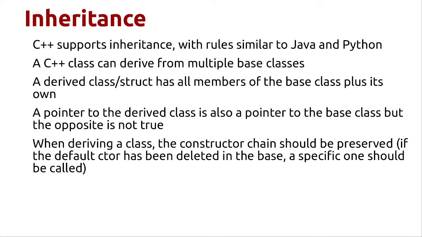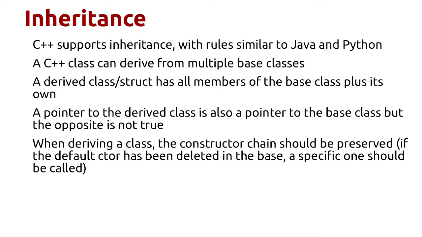Another important thing: a pointer or an object of the derived class, also an instance, is also a pointer to the base class, but the opposite is not true. So if I have a class Person and a class Student that inherits from Person, a Student is also a Person, but a Person is not necessarily a Student. Which means that assignment complies with this rule.